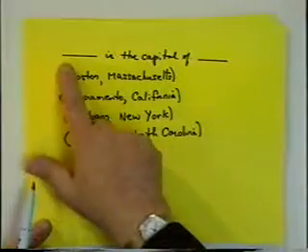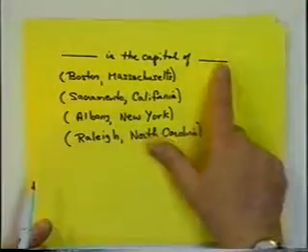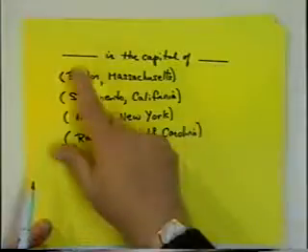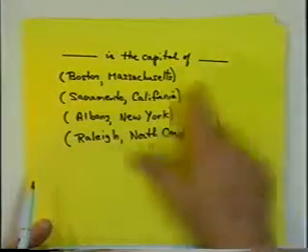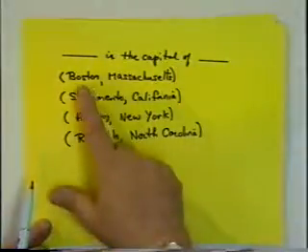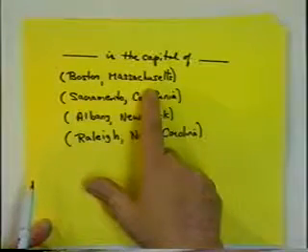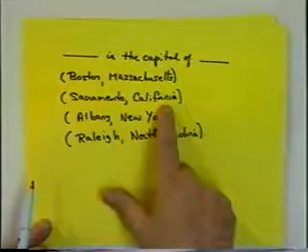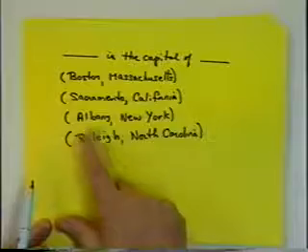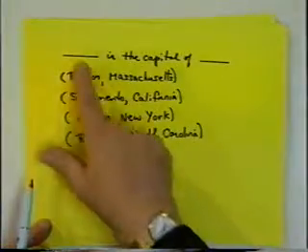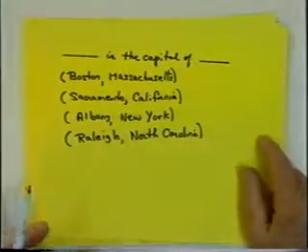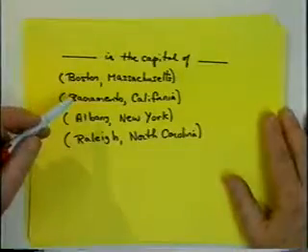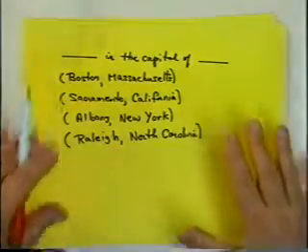See, the first member of the pair is Boston, the second member of the pair is Massachusetts. You're not going to say Massachusetts is the capital of Boston. It's what? There's an order here. See, Boston is paired with Massachusetts, Sacramento would be paired with California, Albany would be paired with New York, Raleigh would be paired with North Carolina. And you see the concept of ordered pairs transcends mathematics.